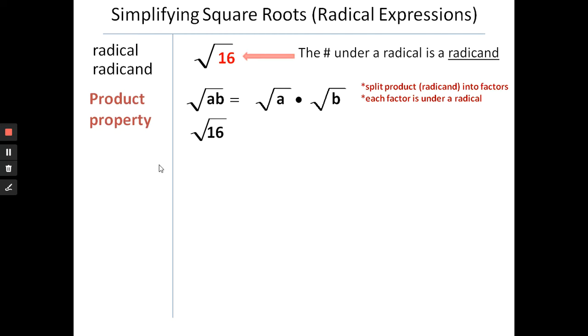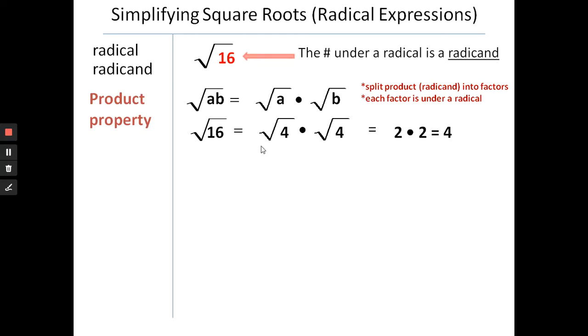If we have the square root of 16, that would be the product of two numbers, 4 and 4. So we can rewrite this as the square root of 4 times the square root of 4. We all know that the square root of 4 is 2, so this would be 2 times 2, which is 4. So the square root of 16 is 4.